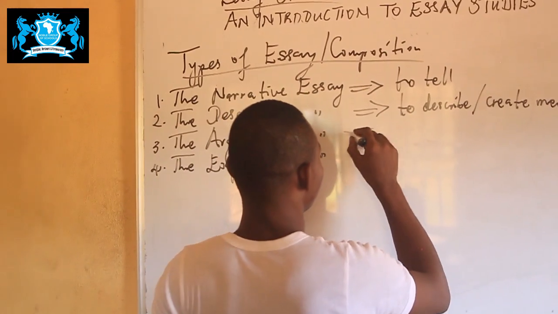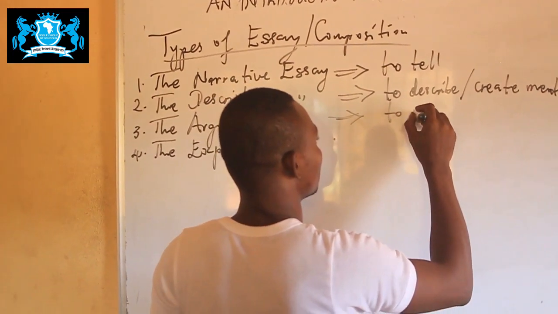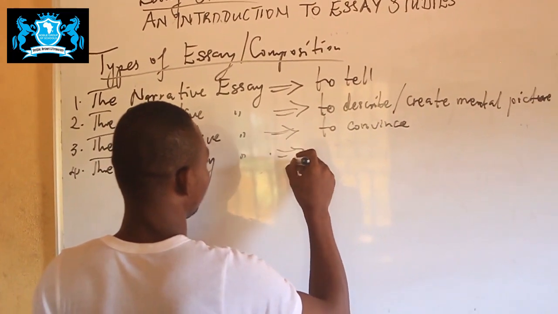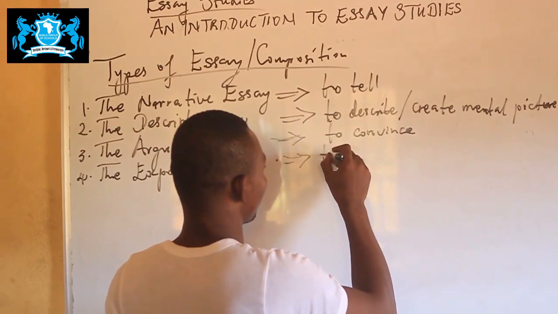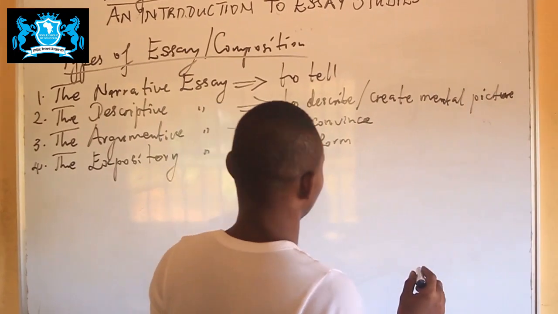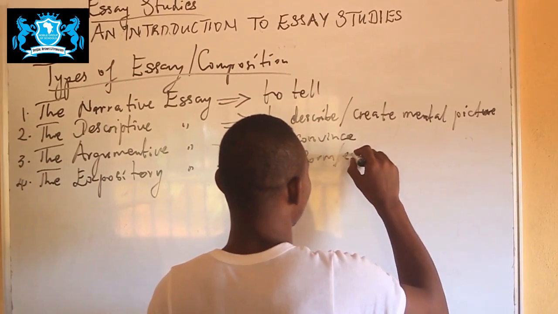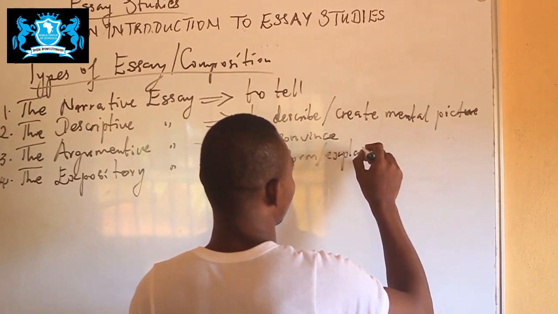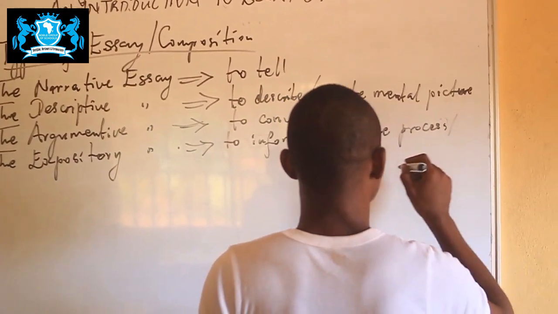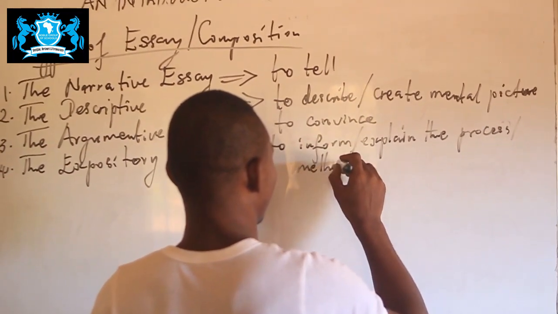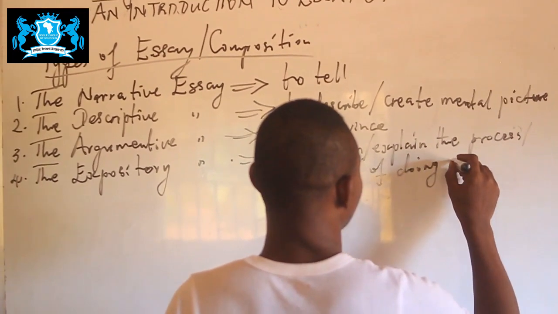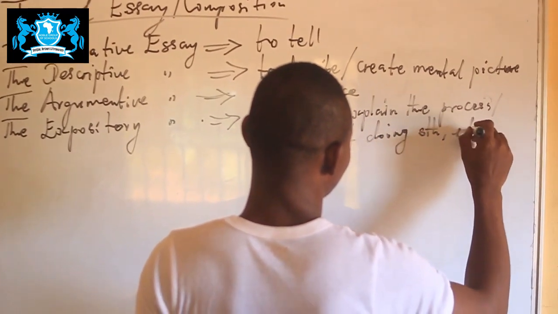Then the argumentative, the essence is to convince. And then finally here, the expository essay is to inform or explain, stroke explain the process or method, stroke method of doing something. So etc. as the case may be.